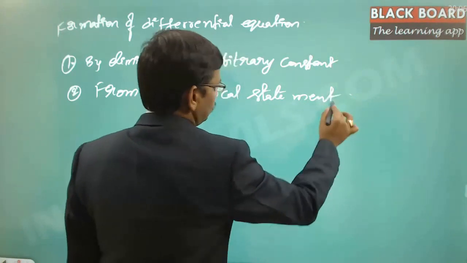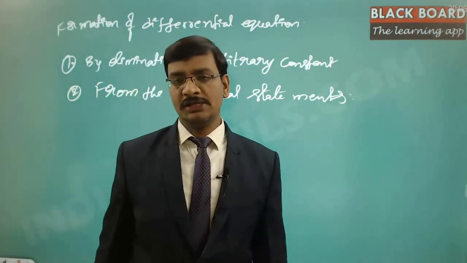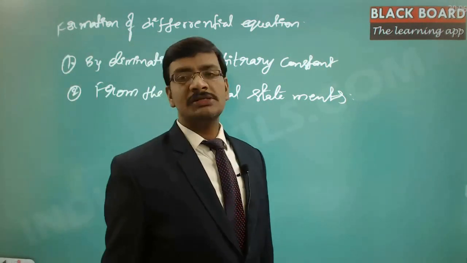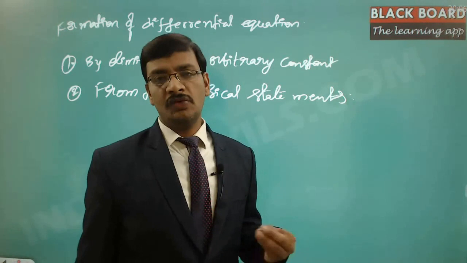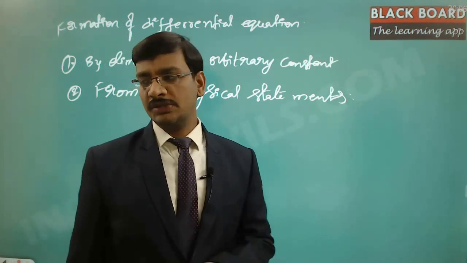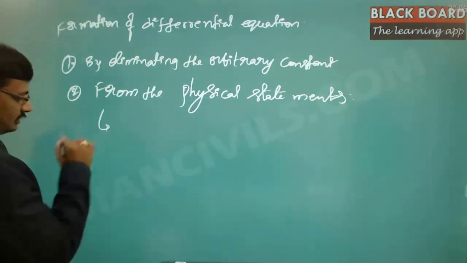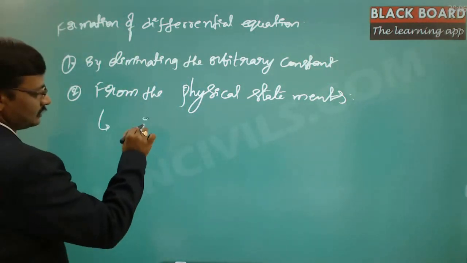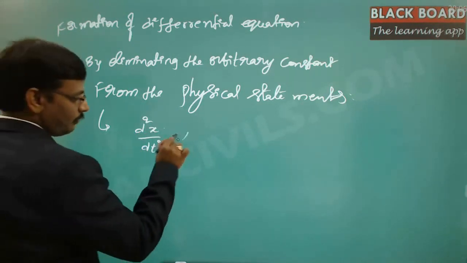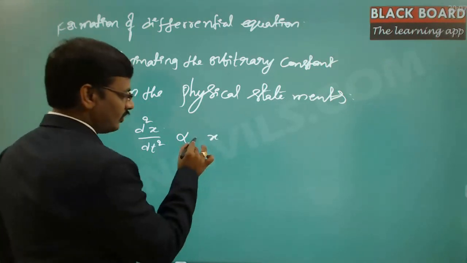These physical statements are most common in physics. Suppose I give the statement like this: if the acceleration is always proportional to the displacement and is in the opposite direction to the displacement, then what the statement says is that this acceleration, d square x by dt square, is proportional to displacement x and is in the opposite direction.